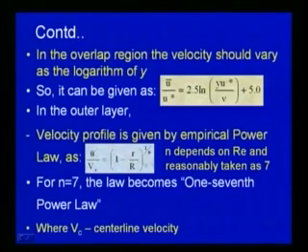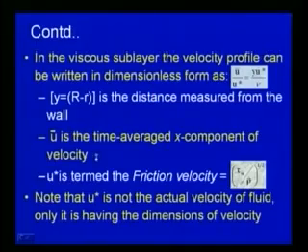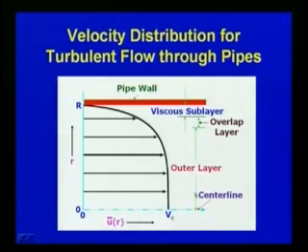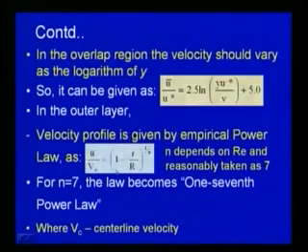So, the velocity variation in the outer layer is represented as u bar by V c is equal to 1 minus r by R to the power 1 by n, where V c is the center line velocity and n is the coefficient. With n equal to 7, we call this the 1/7 power law.